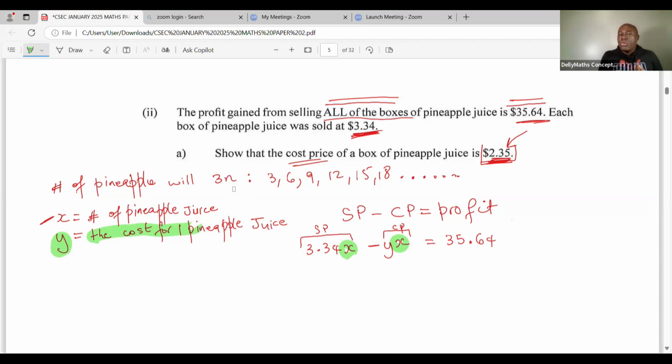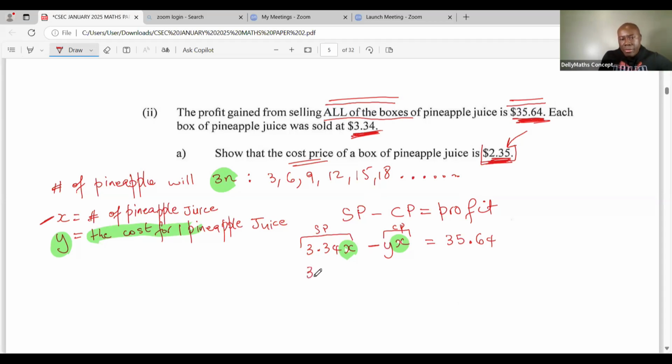So we have a value to go for x. It's just that we have to try values, but we already know that we can't try certain values. We're making less than $1 from selling one. So if I'm going to make 30 something dollars, I'm going to sell something in the 30s in order to achieve that. So I'm going to try 36, because $35 something.